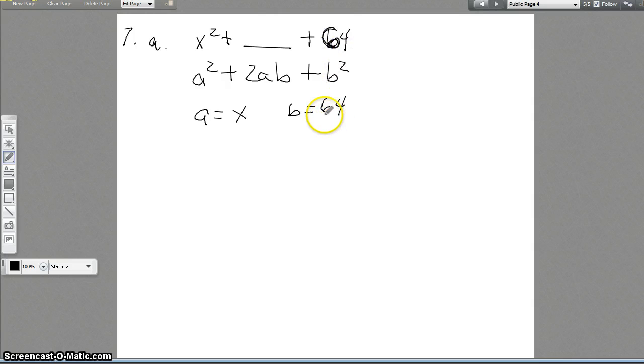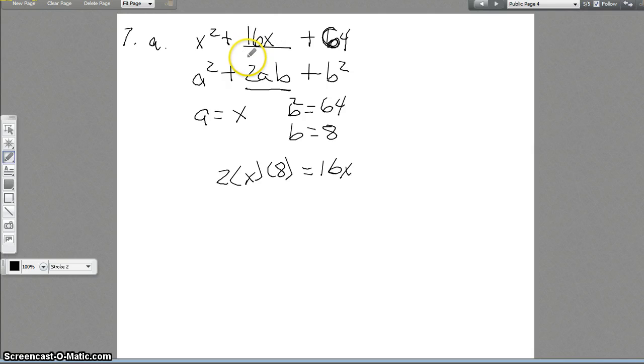So our b is not 64, our b squared is 64. That means that our b is 8. So that means our middle term has to be the double of a times b. It has to be 2 times x times 8, and that is 16x. So 16x is what's missing from the middle here.